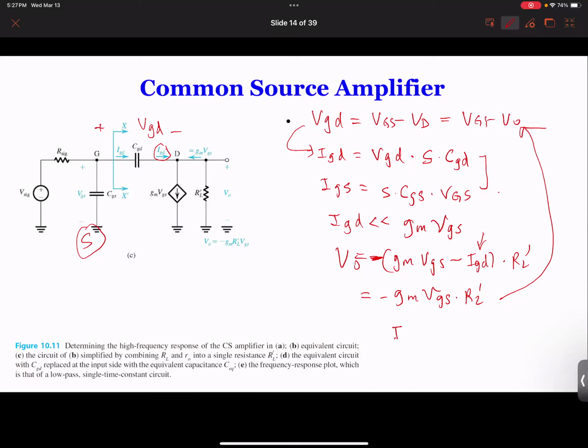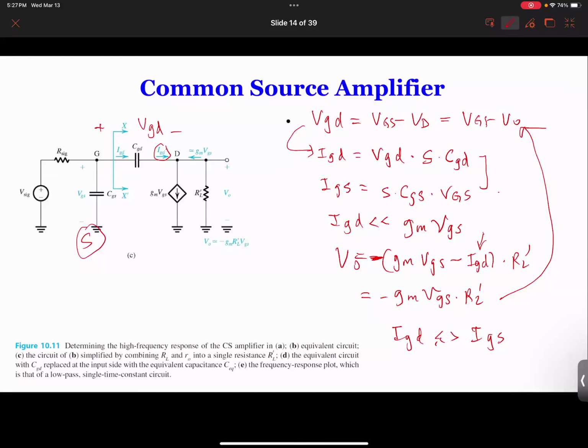But IGD and IGS are probably comparable, which means even though we can neglect IGD when we calculate the output VO, when we calculate at the input side, IGD and IGS no longer have a big disparity. So we need to consider it. That's why we do it here.